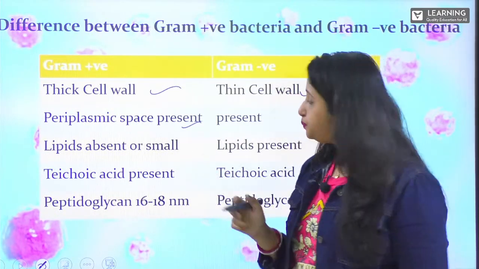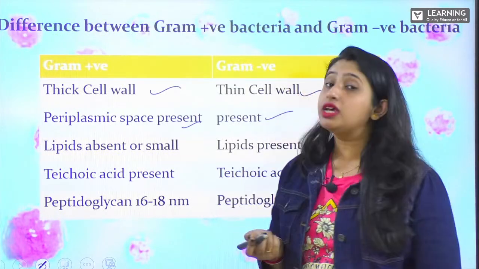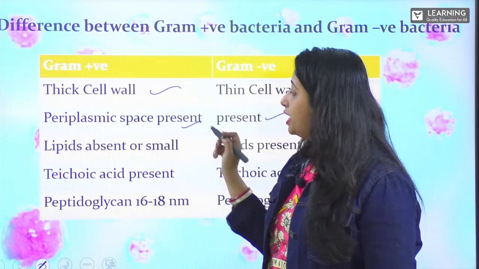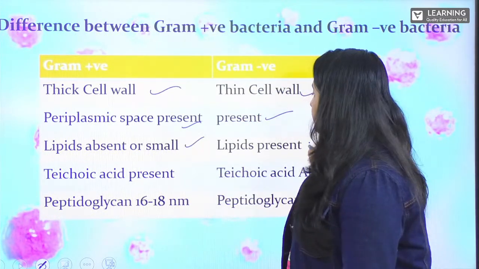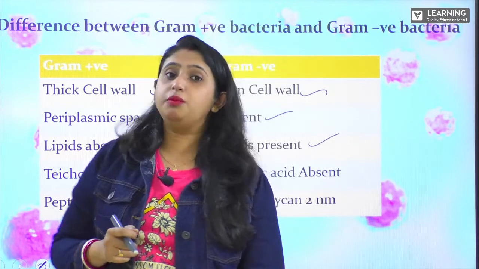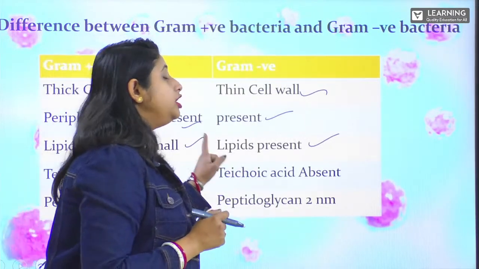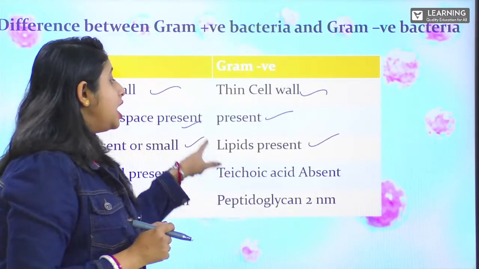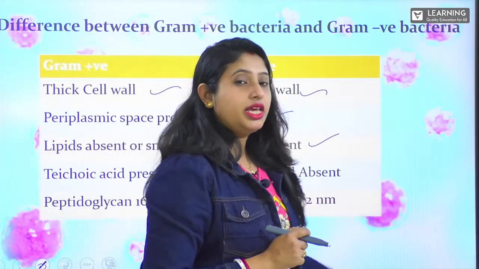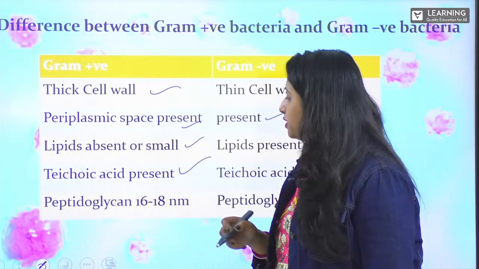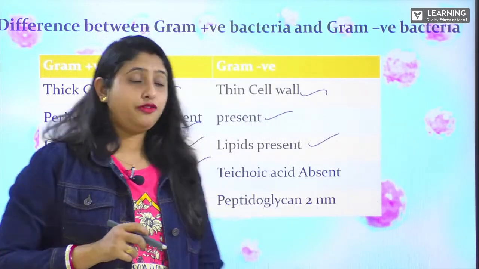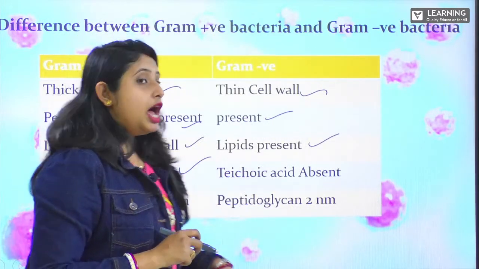Lipids are absent or very small in gram-positive, whereas gram-negative bacteria have a lipopolysaccharide layer. That is, lipids are present in gram-negative bacteria. And teichoic acids are present in gram-positive, whereas in gram-negative they are absent.